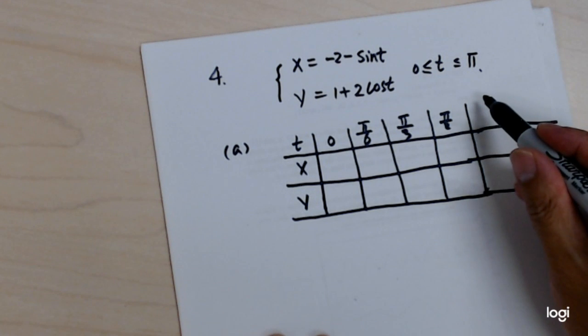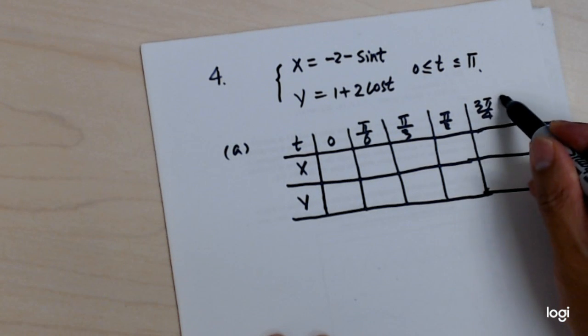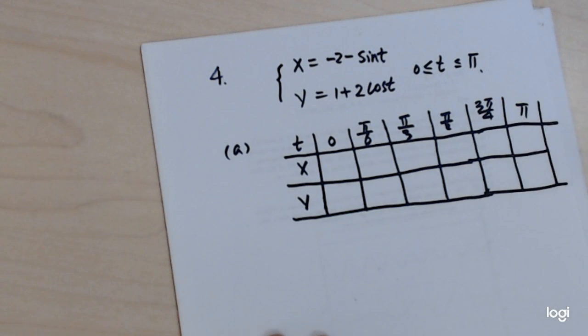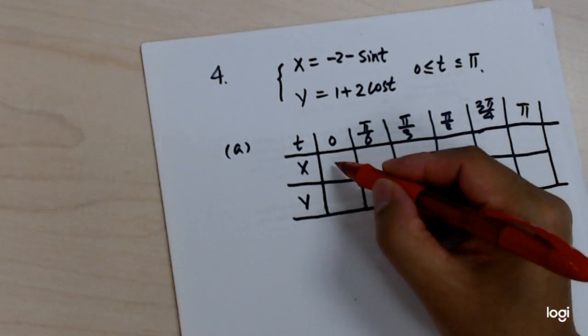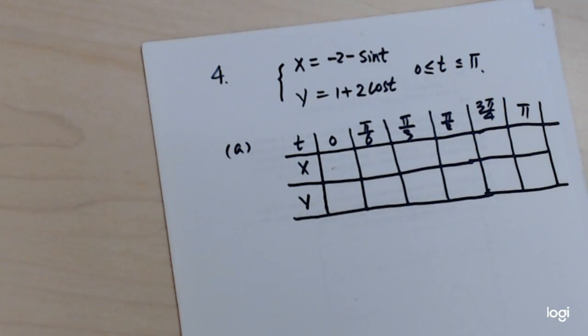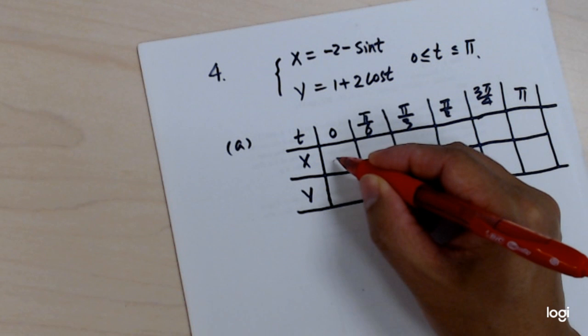And I can also try 3 pi over 4. And finally I'll try pi. So you carefully plug in those angles. Here's what I found.